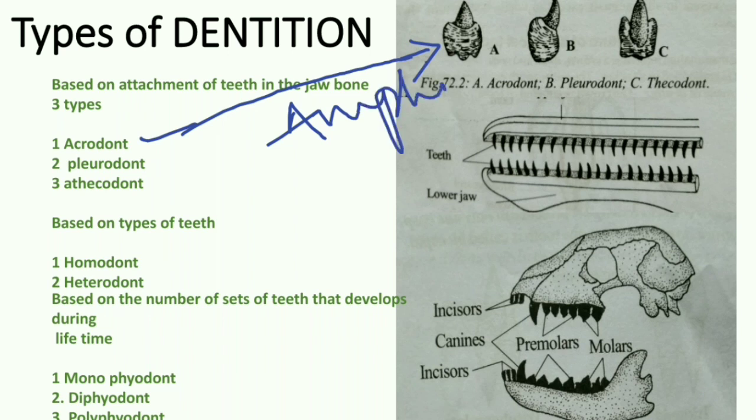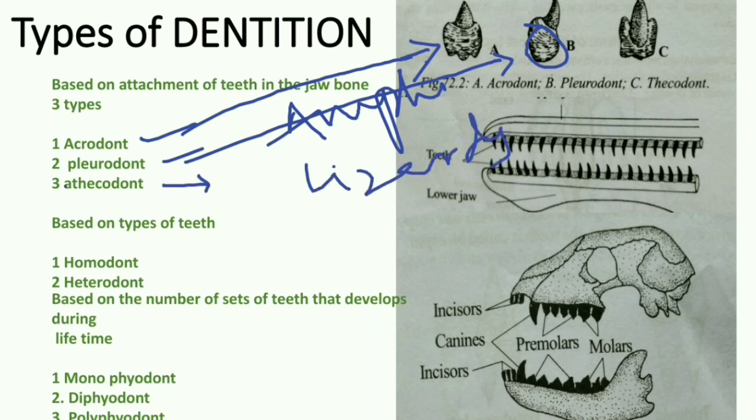Next, pleurodont. In pleurodont dentition, the teeth are attached to the rim of the jaw. This type is found in lizards. Third, thecodont. In thecodont dentition, the teeth have roots embedded in sockets. Thecodont dentition is seen in all mammals.